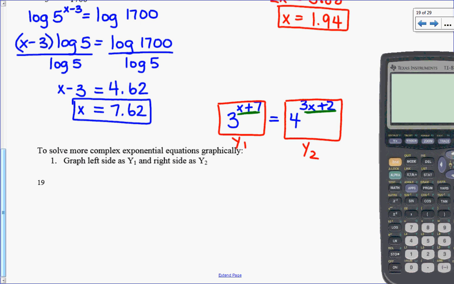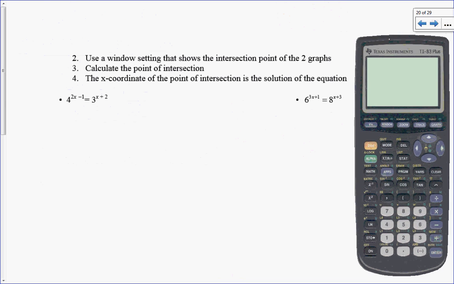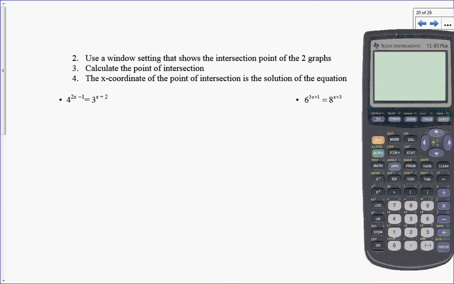And then you need to reset your window settings so that you can see both graphs and where they intersect. And that point of intersection, you're still trying to solve for x, so the x coordinate of that point of intersection is going to be the answer to this exponential equation. Okay, so I'll show you what that looks like, and we'll do some together here.